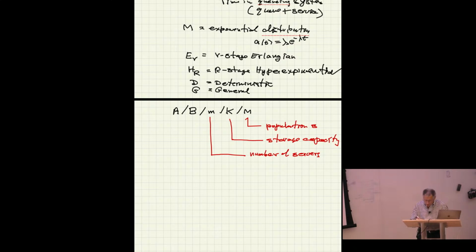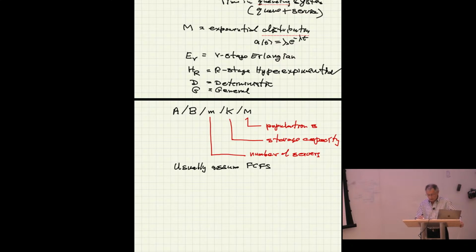And in most of what we're going to study here, we'll usually assume first come, first serve. Also known as FIFO, first in, first out.